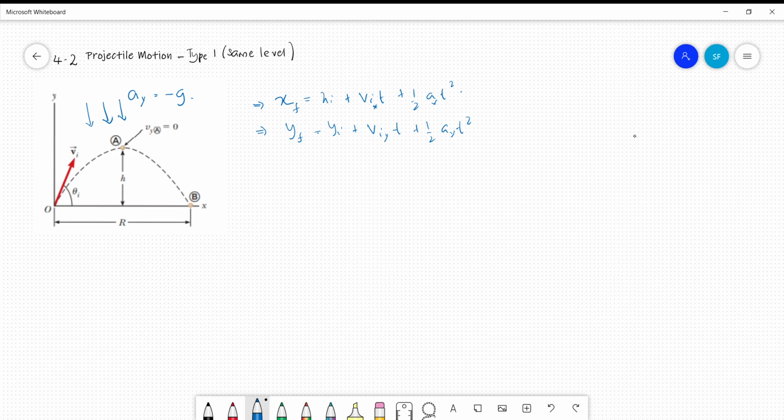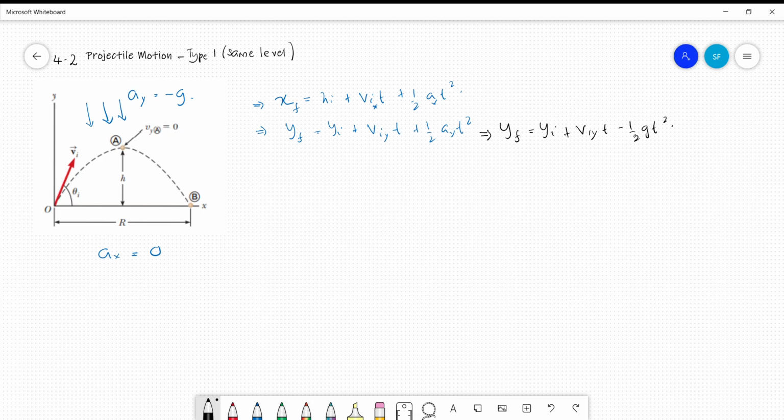We can say that ax totally equals 0. Therefore, the equation can be simplified, where we have y final equals y initial plus viy t minus half g t squared. So if I replace a with negative g, it will be like this.